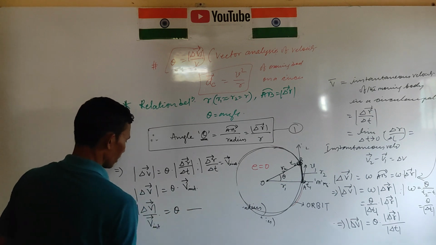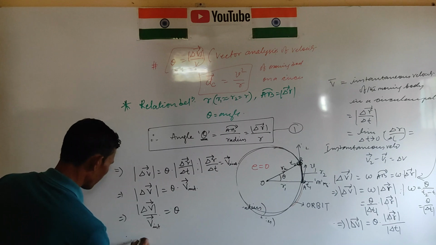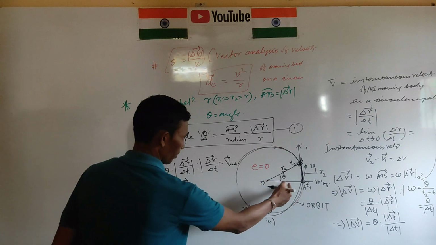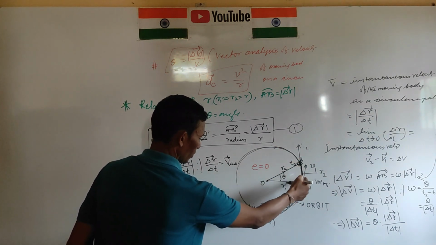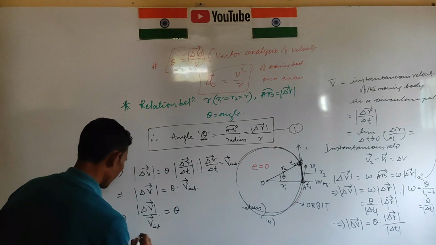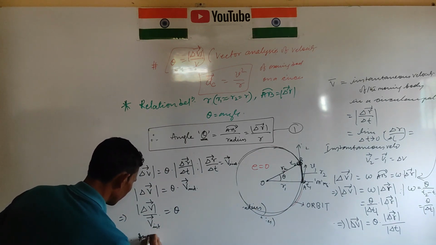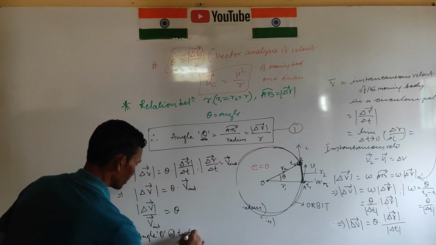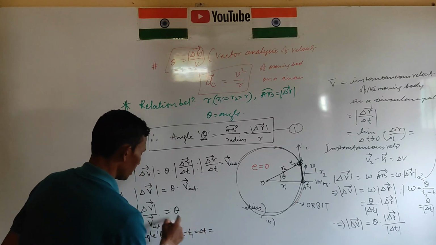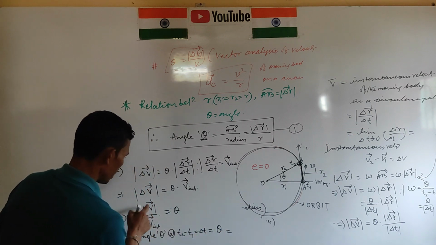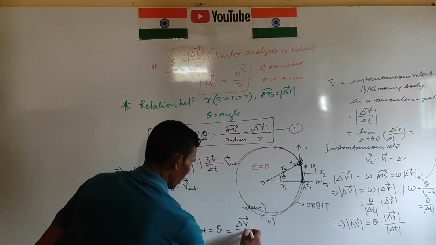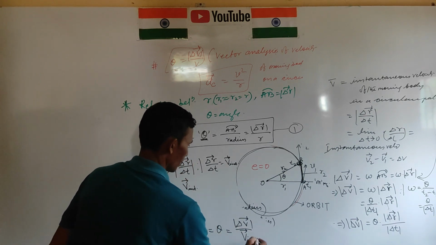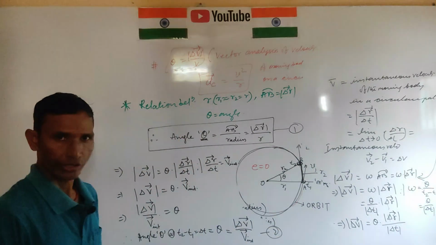This equation here is theta, so we kept on the left side theta, angle theta, angular displacement at T2, T1, angular position, angle displaced over T2 minus T1, that is delta T, that is called theta, and here is delta V upon V, instantaneous. So equation 2. Now it is clear.